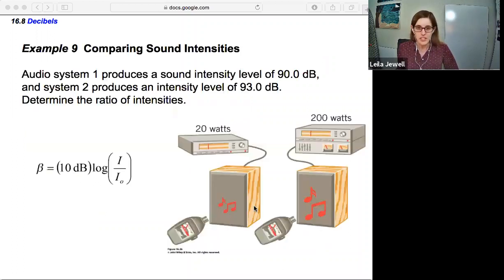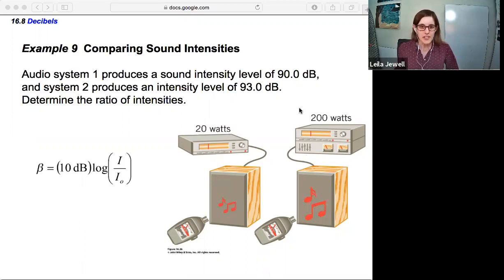Example 9, comparing sound intensities. Audio system 1 produces a sound intensity level of 90 decibels, and system 2 produces an intensity level of 93 decibels. Determine the ratio of the intensities.